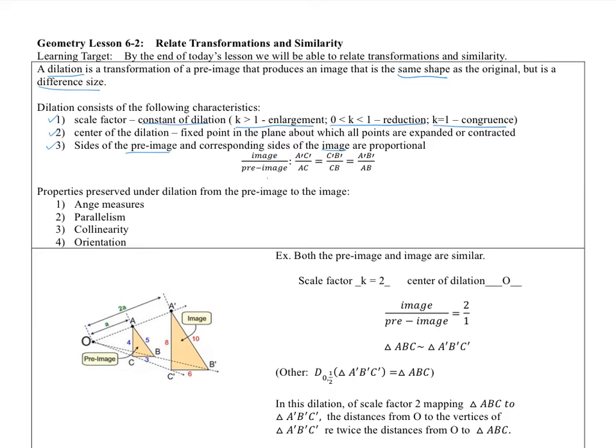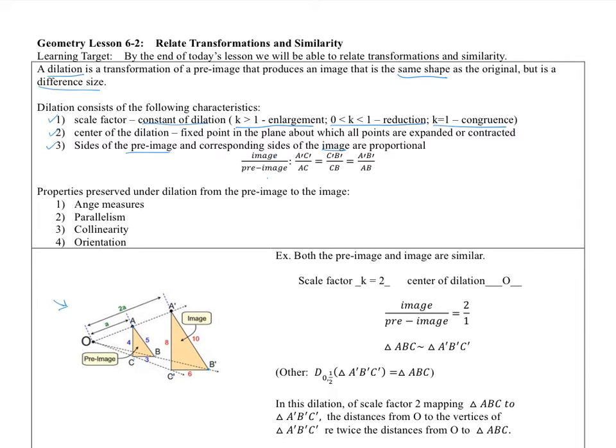So A prime C prime over AC equals C prime B prime over CB equals A prime B prime over AB. As you can see from the picture down here, A to A prime, B to B prime, C to C prime. And in this picture down here, we actually have an enlargement of the pre-image.